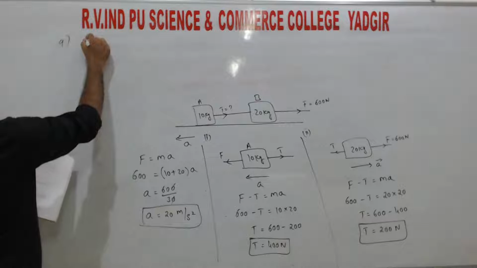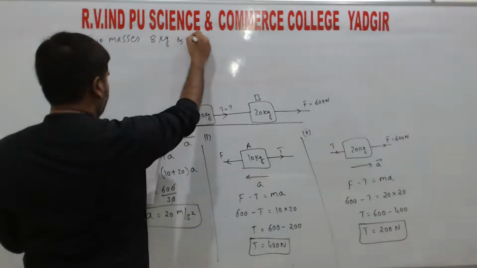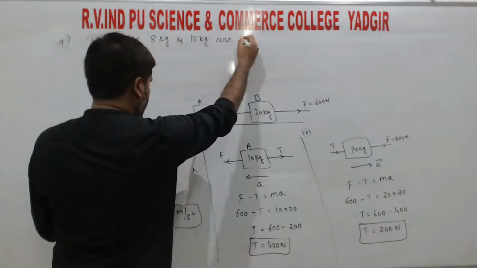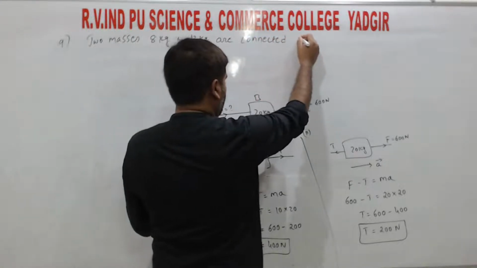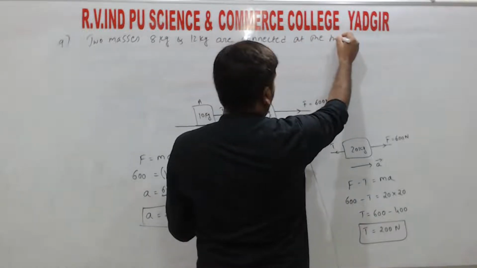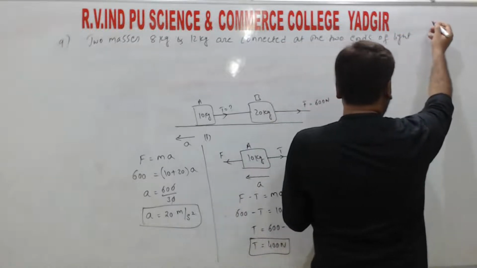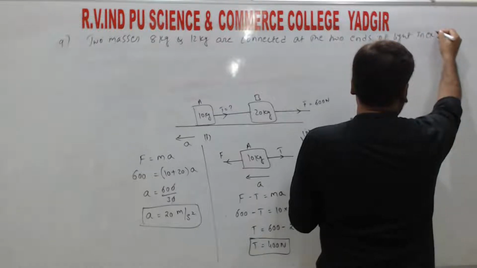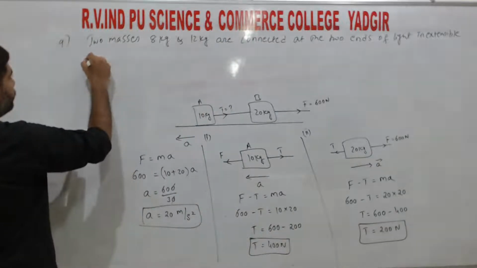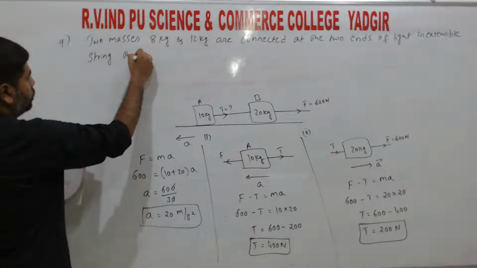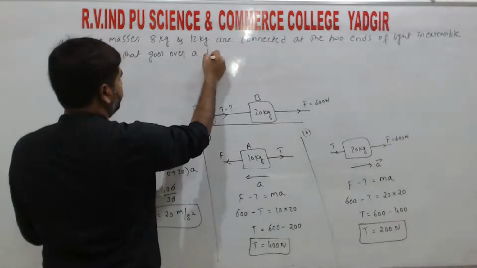Two masses, 8 kg and 12 kg, are connected at the two ends of a light inextensible string that goes over a frictionless pulley.